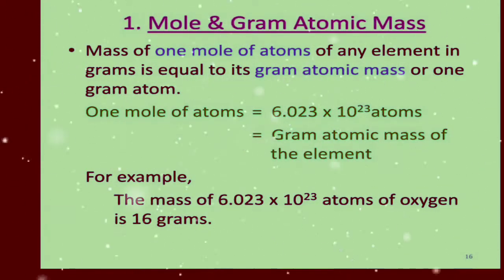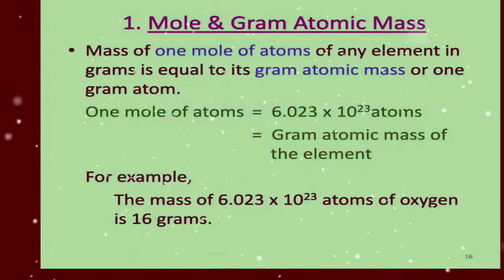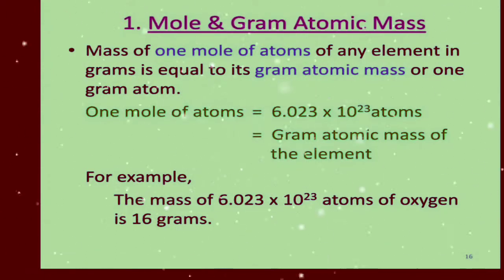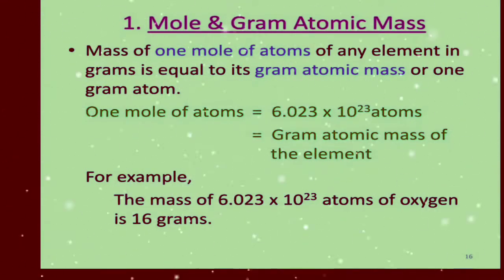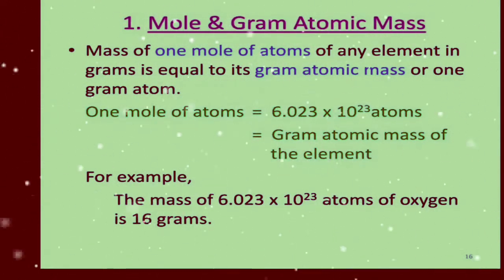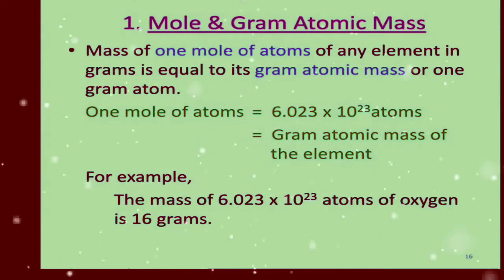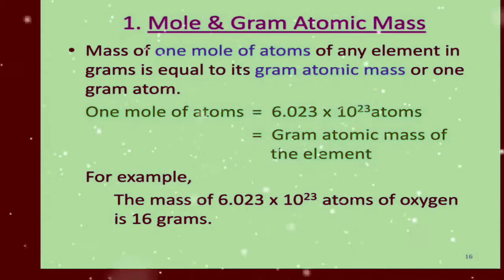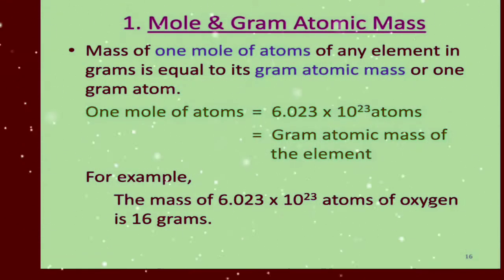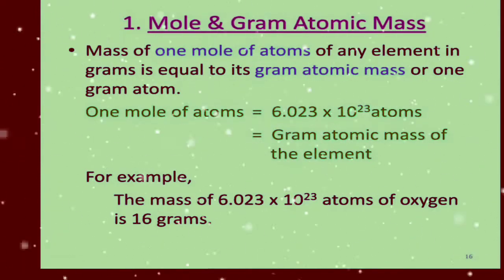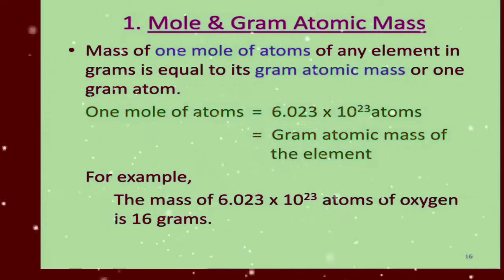For example, a hydrogen atom has atomic mass 1 and atomic number 1. Oxygen has atomic mass 16 and atomic number 8. But 1 mole of oxygen atoms and 1 mole of hydrogen atoms will both be equal to 6.02 × 10^23, because we don't know how many particles and how many atoms are present in one element and in 1 mole of an element.